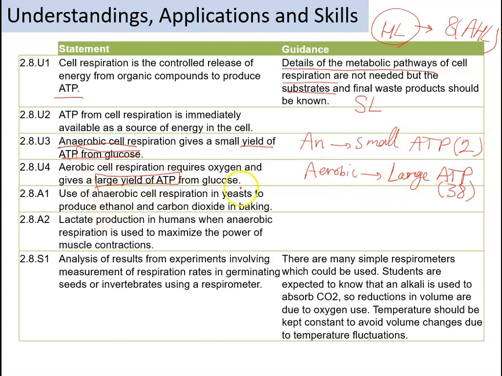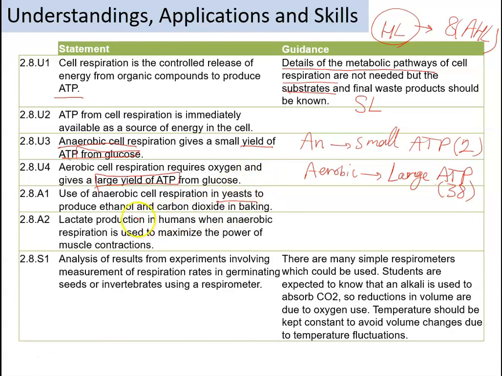Use of anaerobic cellular respiration in yeast. Maybe we think, oh, anaerobic, what is the advantage and why is it important? It is very important, even when there is not enough oxygen.